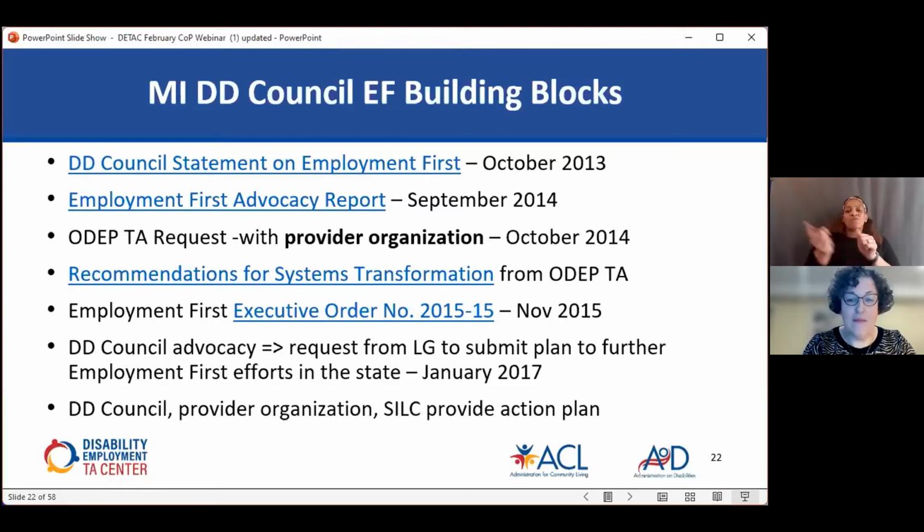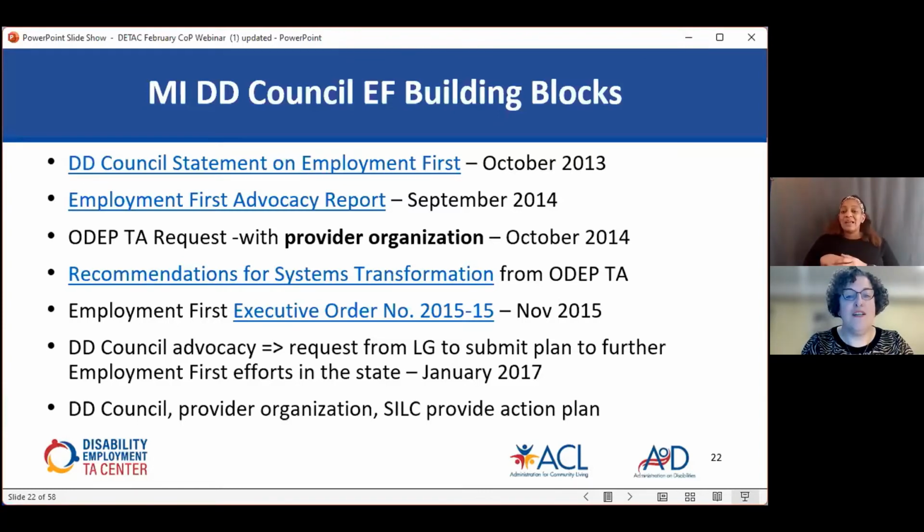And at the time, they had something called the Employment First State Leadership Mentoring Program. This initiative provided the technical assistance that's guided the majority of the work conducted in the state related to value-based purchasing for employment services from 2015 to 2020.